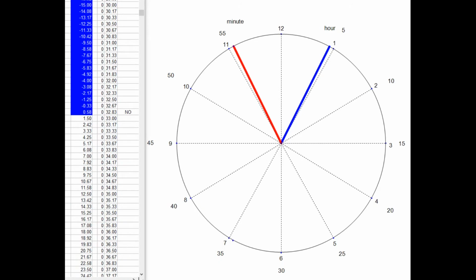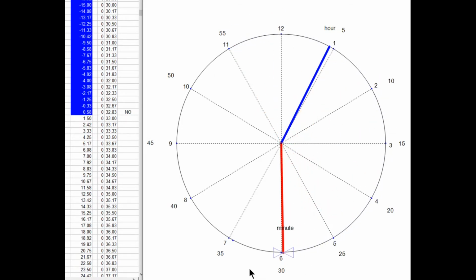So if we want to test these symmetry positions, we go down to, say, this one here, which I think is the first one. You can see I've already worked it out. It's 32 minutes past the hour, so this would be about 32 there.